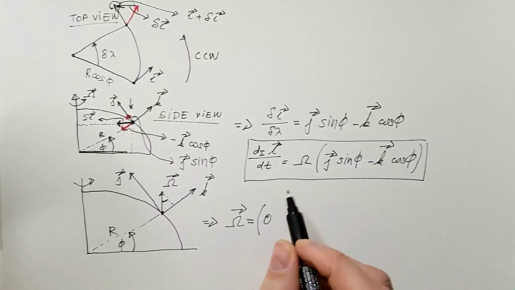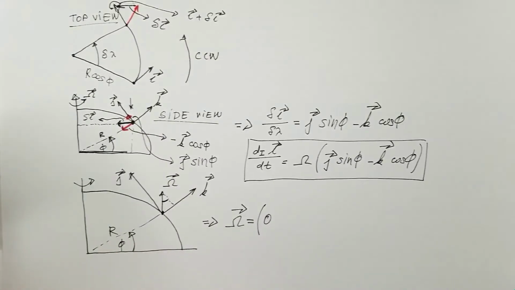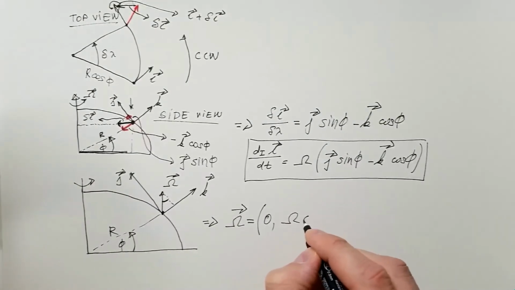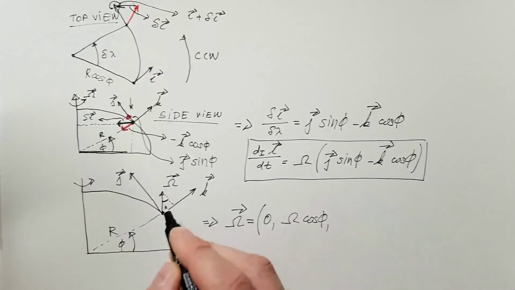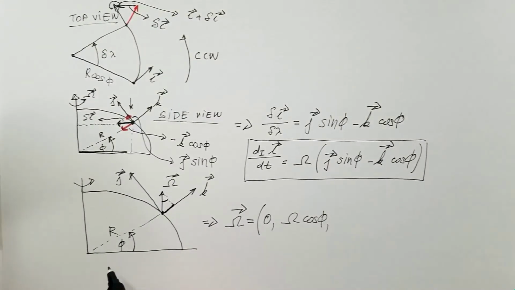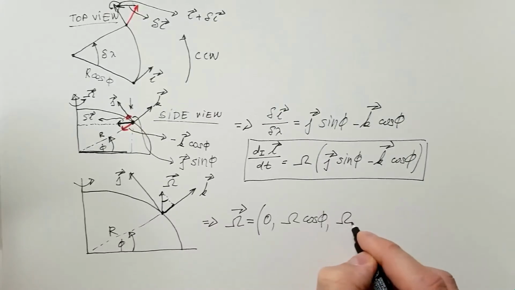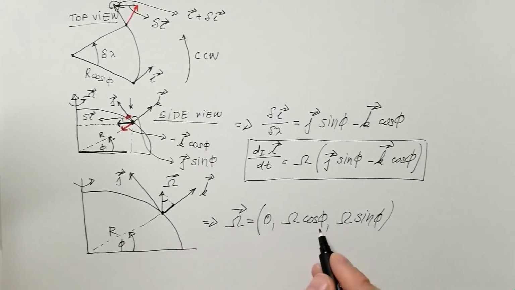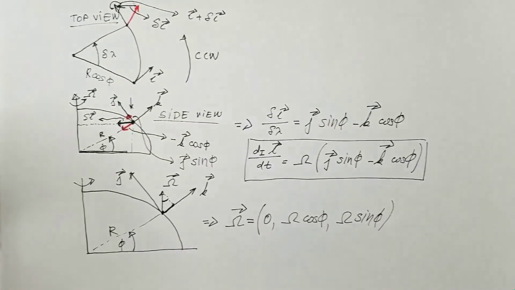Well, it has 0 in the I direction, because that's the direction in which the Earth rotates. Now, in the j direction, it has this component over here, and I hope you can see that is omega cosine phi. And in the k direction has this component over here, and I hope you can see that is omega sine phi. And I already explained this several times in my videos, so centrifugal force, Coriolis force, Rossby number, and so on.